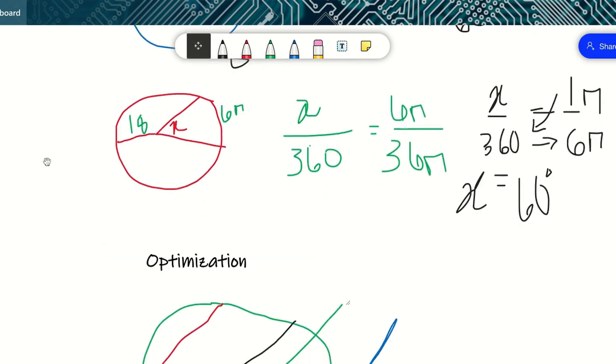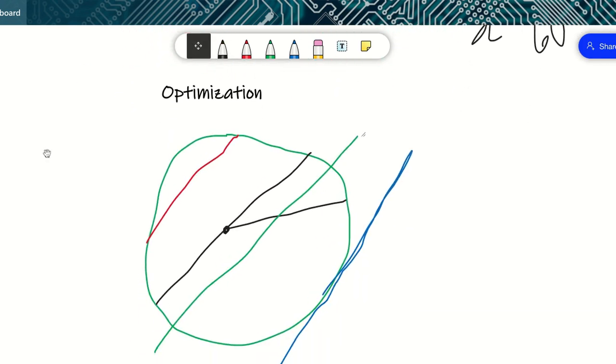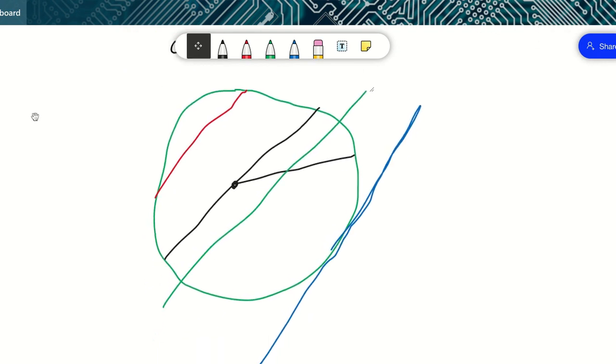Now that we've discussed arcs, we can go to optimization. I made a really in-depth video on optimization. Basically, to sum that up, the circle is the most optimal 2D shape.